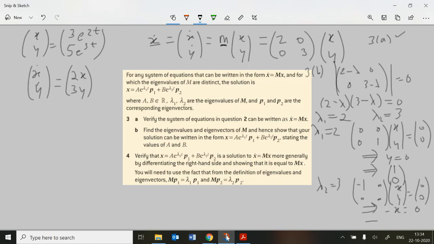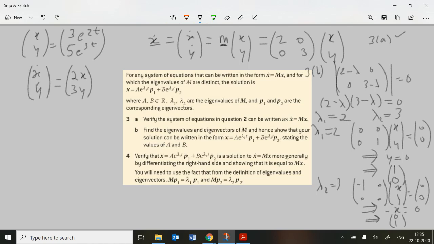And that gives us the vector of 0, 1. Essentially, that's just the equation of the y-axis. So I've just picked any point along the y-axis. I've chosen 0, 1. Okay, so there's the two eigenvectors. So that's sorted. We've now solved to find the eigenvalues and the eigenvectors. Now we need to do this hence part.